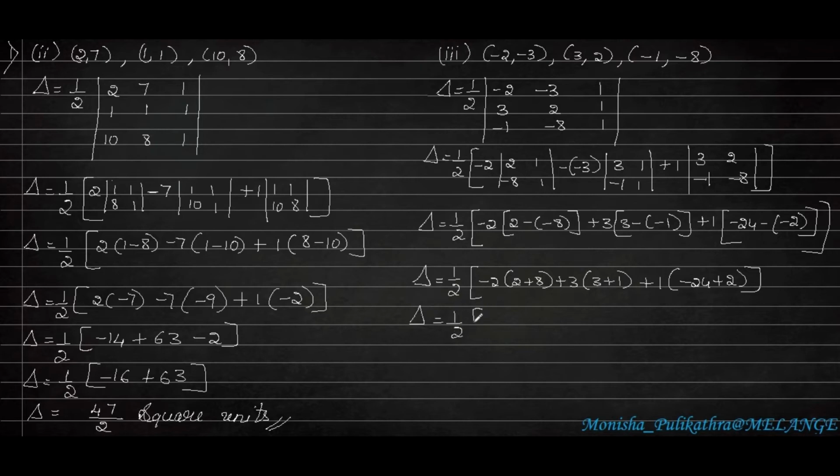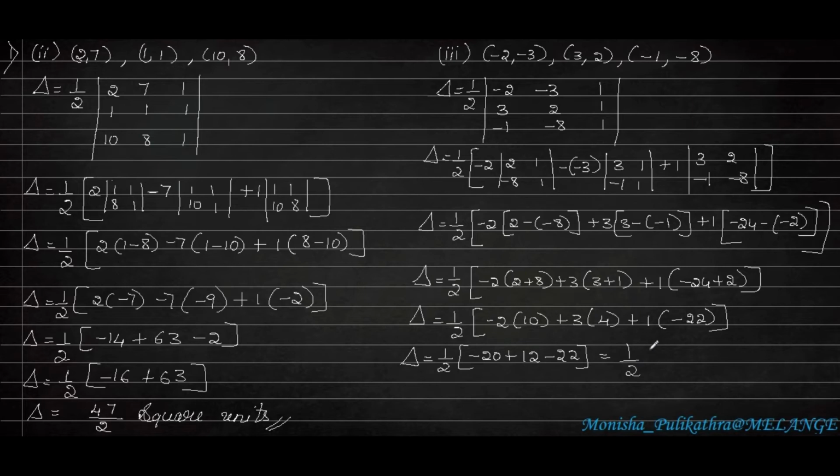Delta is equal to half into minus 2. 8 plus 2 is 10, plus 3 into 3 plus 1 is 4, plus 1 is minus 24 plus 2 is minus 22. So delta is equal to half into minus 2 into 10 is minus 20, plus 3 4s are 12. 1 into minus 22 is minus 22.